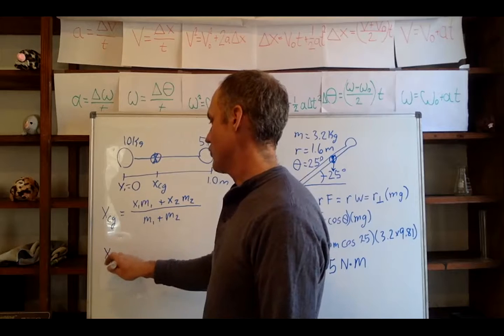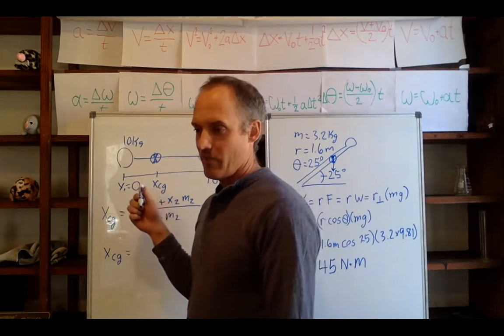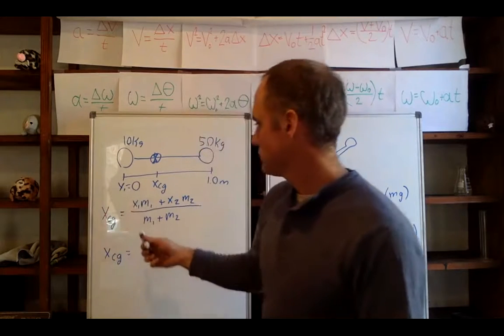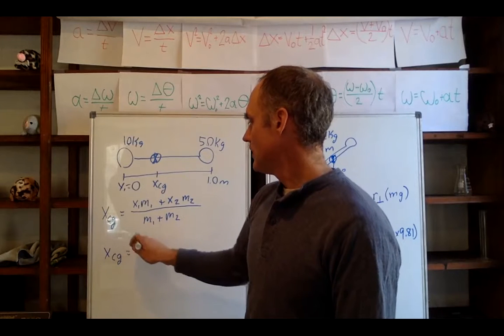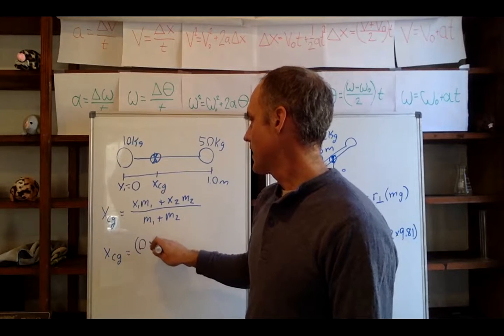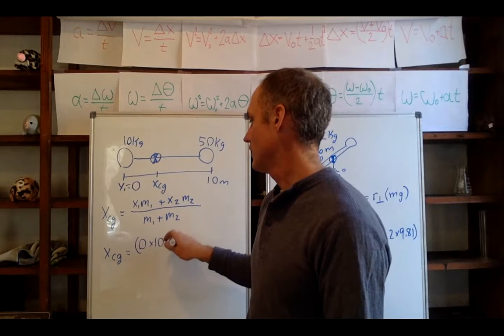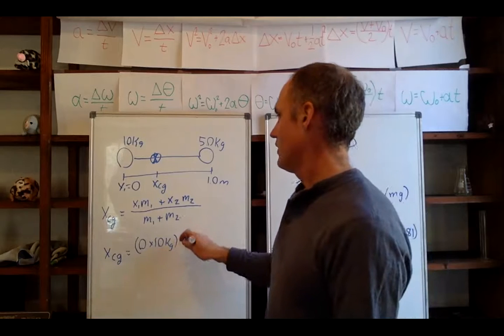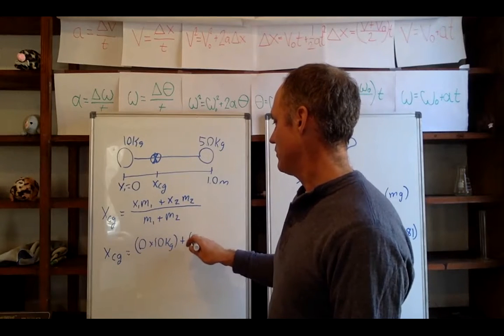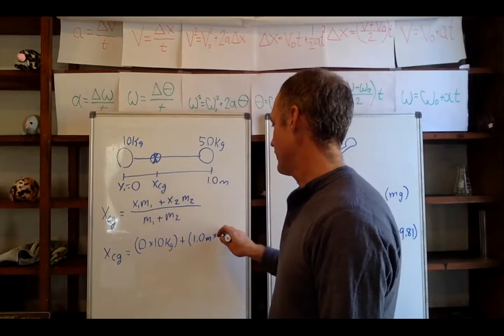Okay, so for this system, you can see that position 1, x1, is 0, and that's your 10 kilogram, which is going to be 0 now, plus x2, which is 1 meter, and 5 kilograms.